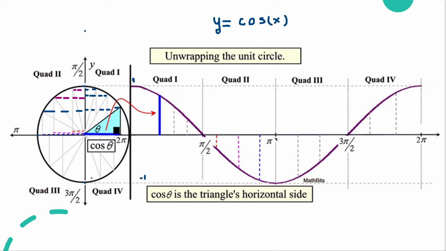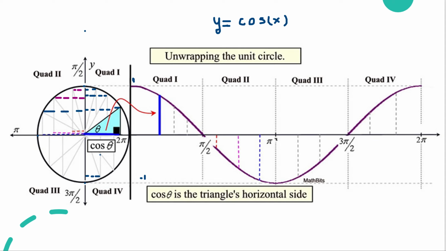And now, if you look at, for example, the distance from 3 pi over 2 in the direction to 2 pi, it goes here, this distance. This distance is projected, right? This distance we project into the function in the Cartesian system right here, from the circle into the Cartesian system.